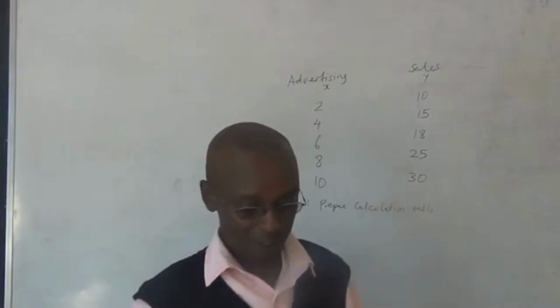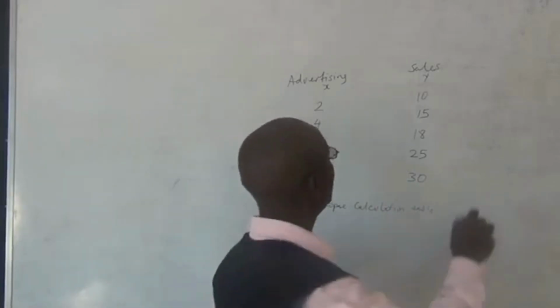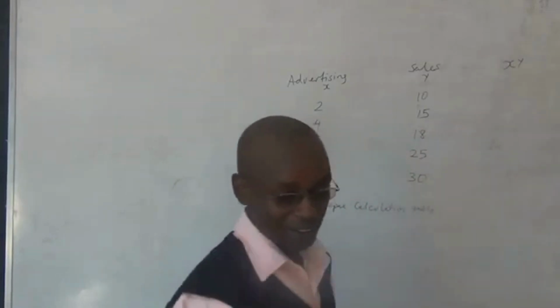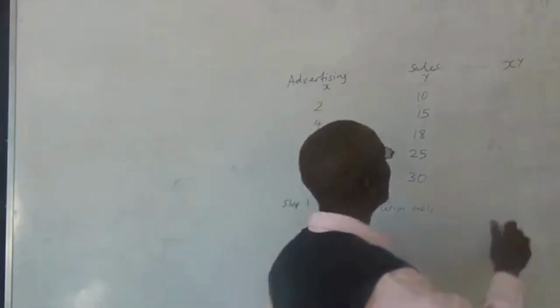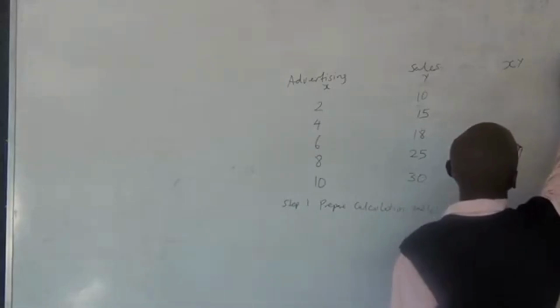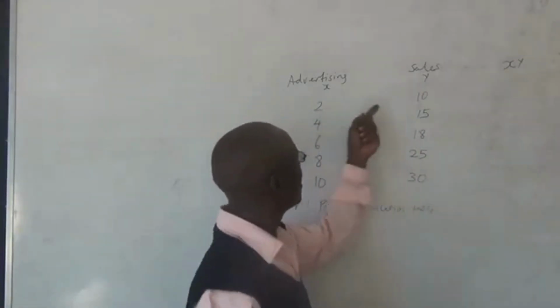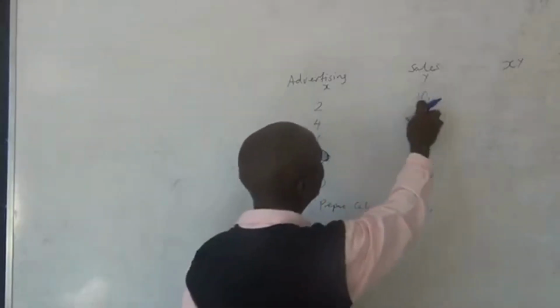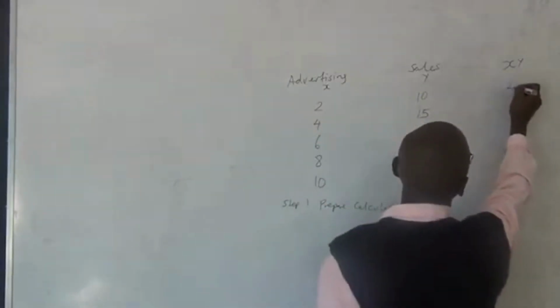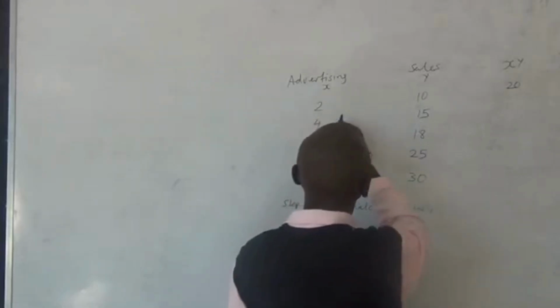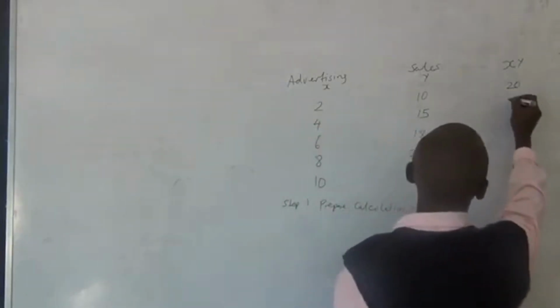Sasa kitu tatafuta ni nini? XY, sindio? Na nini ingine? Na x squared. So quickly, unasema mko na calculator, nipe XY. 2 times 10. 60.